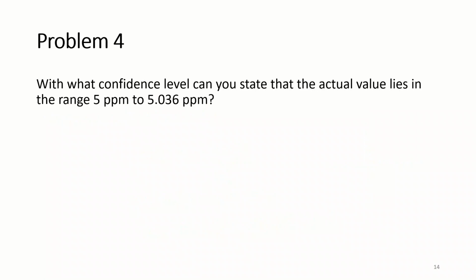So now we have to find with what confidence level can you state that the actual value lies in the range of 5 ppm to 5.036 ppm. I suppose that you have those Z tables at your disposal. Otherwise you can just search Google for Z table. It will be available.